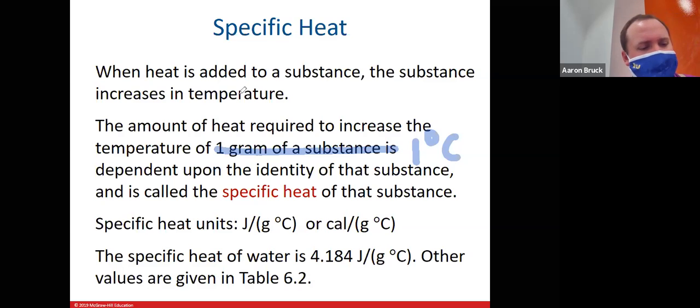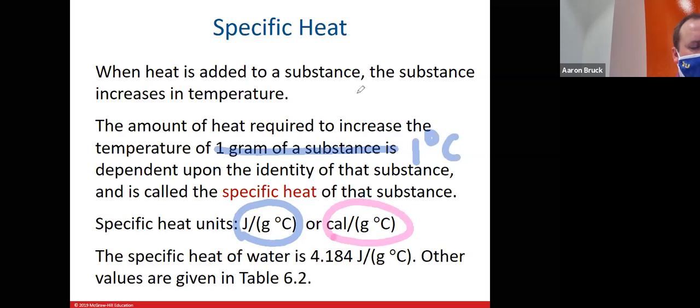And so specific heat values come in 2 different forms. We have the metric form, joules per gram degree Celsius. We also have the imperial form, calories per gram degree Celsius. The conversion between the two is relatively simple.